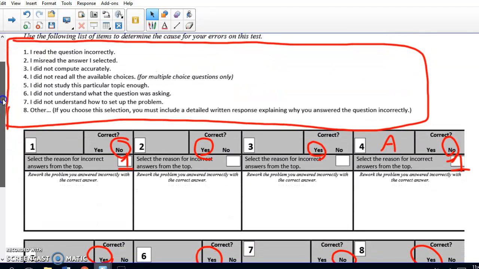So for number 1, the problem said that there was a sequence of transformations, and in those transformations, I needed to tell what type of transformation that was. So on this transformation, I actually had 2 different things that had happened. I had to look and see that it went from quadrant 2 to quadrant 1, and I know that the vertices stayed in the same place. That's what made me realize I'd answered incorrectly.